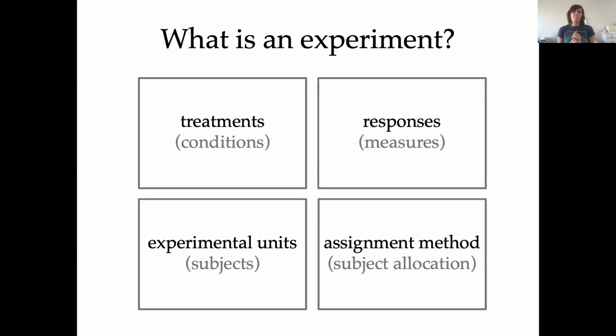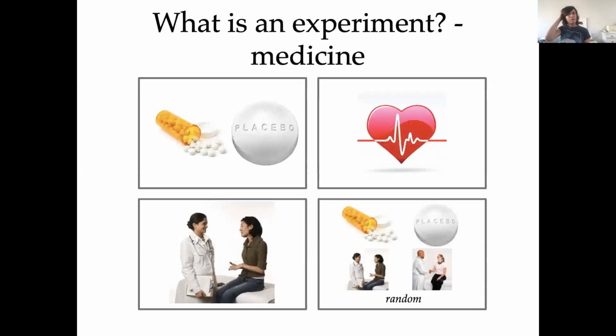So, very quickly, as a few examples, if you were in a medical field, a very traditional experiment would be: your conditions, your treatments, are the drug and the placebo. You are measuring certain symptom progression in the disease. Those are going to be your responses or your measures. Then your patients are going to be the subjects or the experimental units.